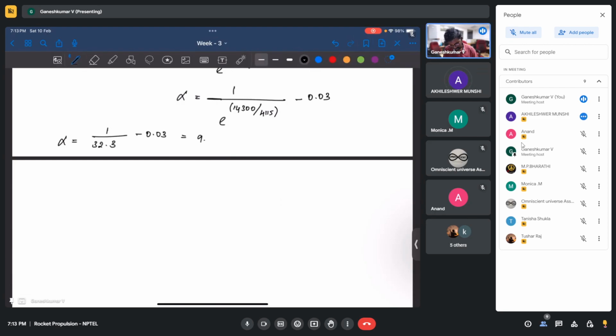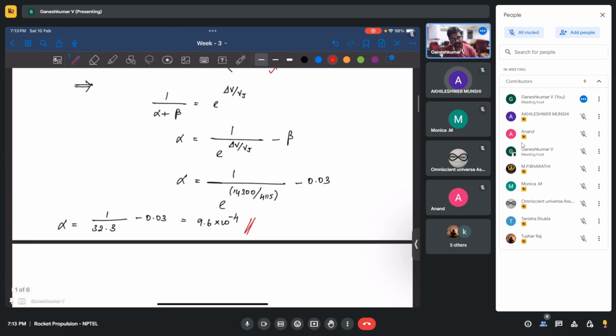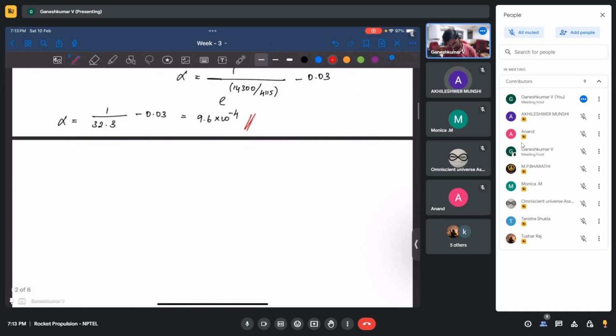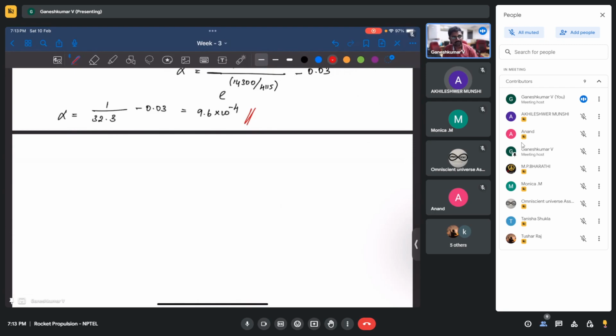I can write 9.6 into 10 power minus 4. Yes, sir. Exactly, thank you, Akhileshwar. So this is the payload mass ratio, and that is coming out clearly.